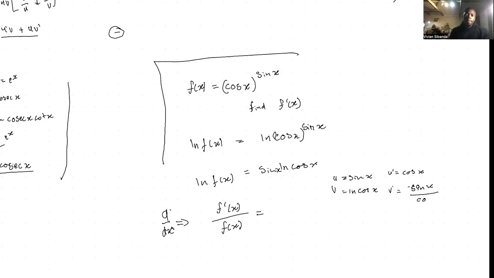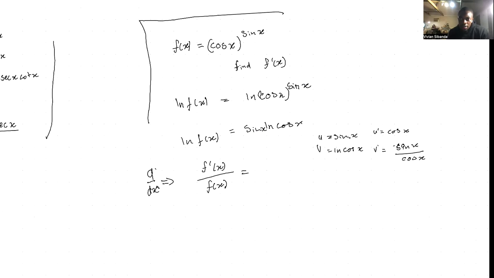Okay, now you still multiply, you cross them here. The order doesn't matter since it's the product rule. So you have sine times sine becomes sine squared. So it becomes negative sine squared x divided by cos of x.